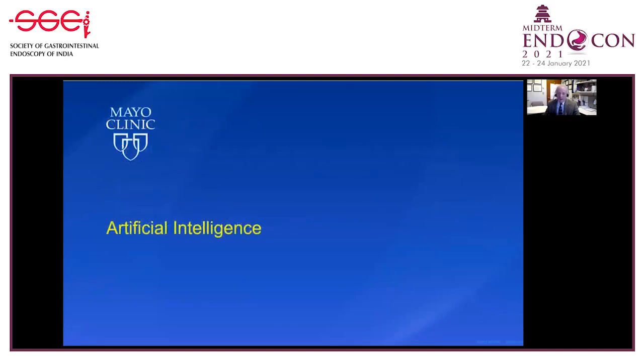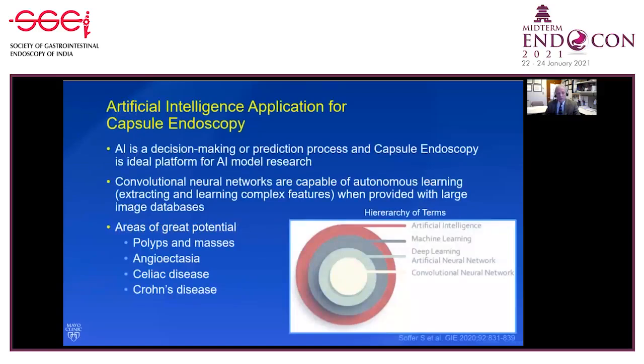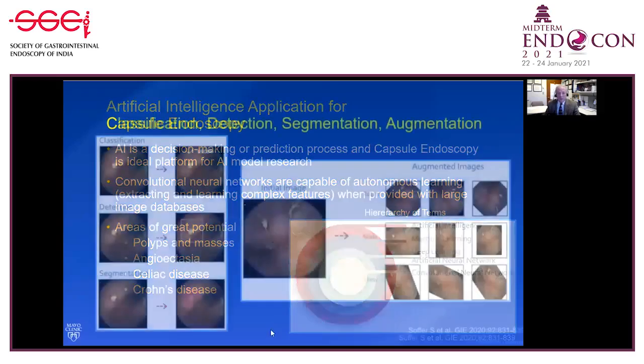And then finally, I'm going to end with the area of artificial intelligence, which is very exciting. There is a hierarchy of terms, and areas of great potential include polyps and masses, angioectasia or vascular lesions, celiac disease, and Crohn's disease. These are decision-making or prediction processes, and capsule endoscopy is an ideal platform.